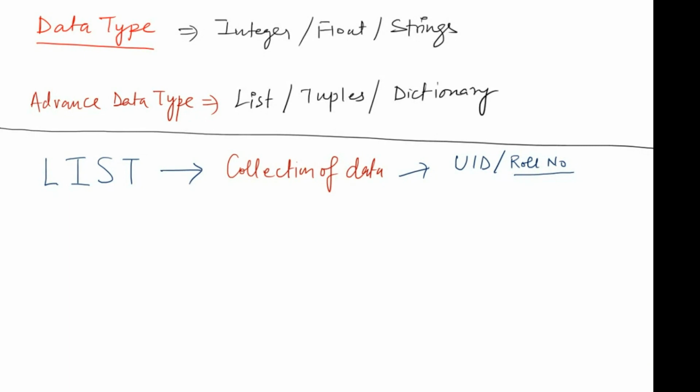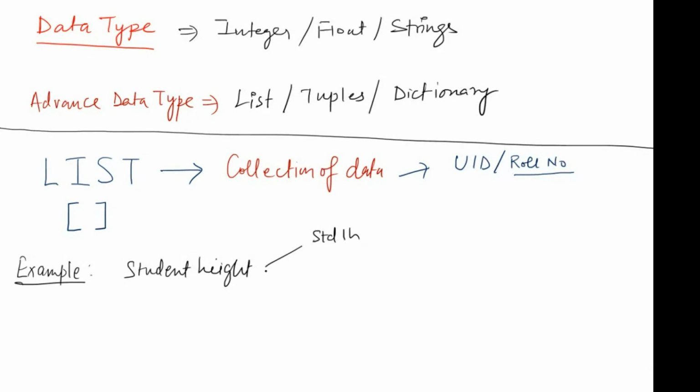The next thing is how we are going to represent the list. Generally, a list is represented by square brackets. For example, if you want to talk about student heights, I have student 1 height, student 2 height, up to student 10 height.